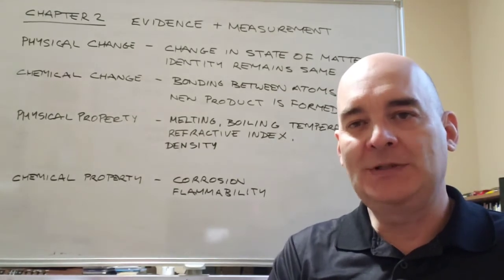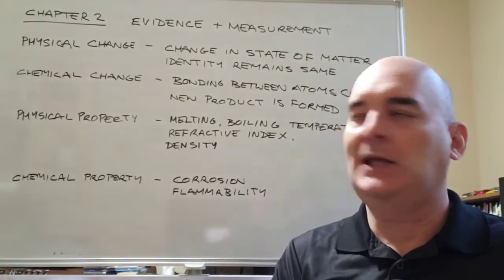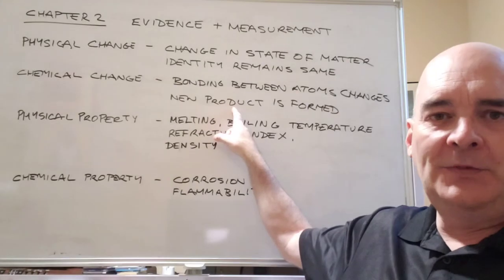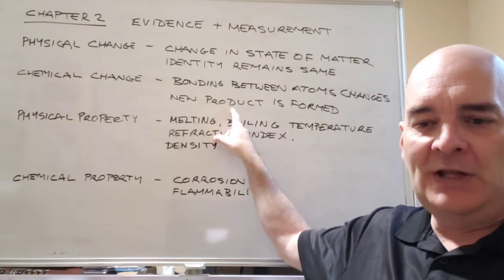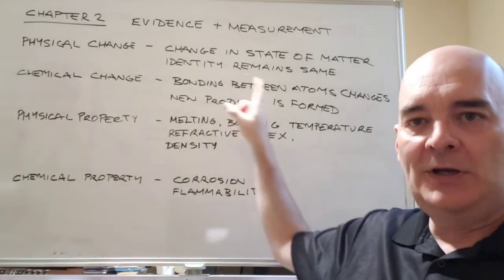So the new material involves a new arrangement of atoms. A new chemical has been formed, and the new chemical that is formed as a result of a chemical reaction is called a product. Reactants turn into products.